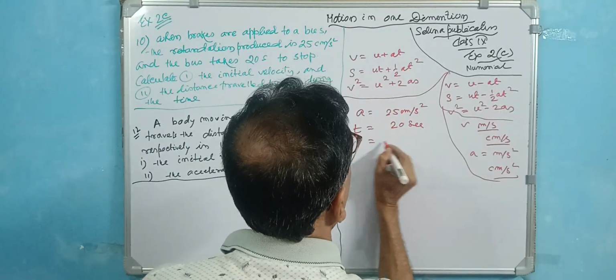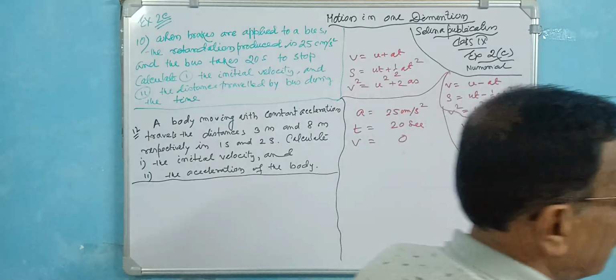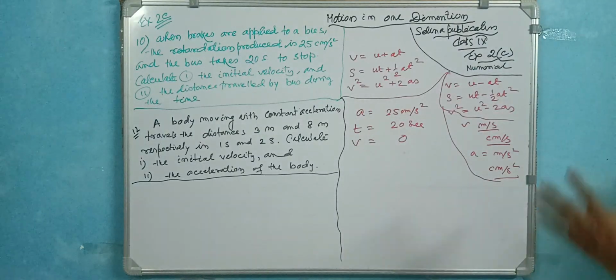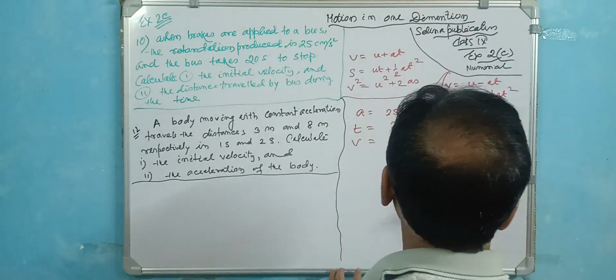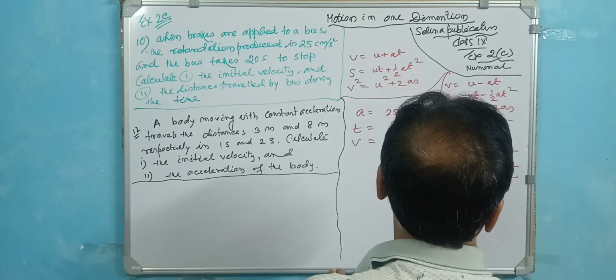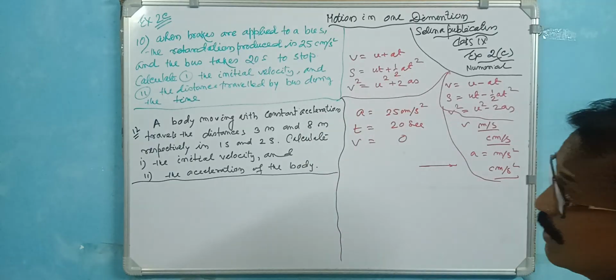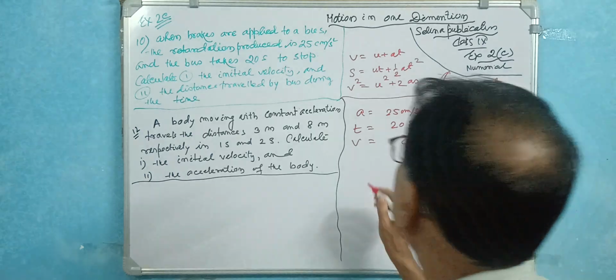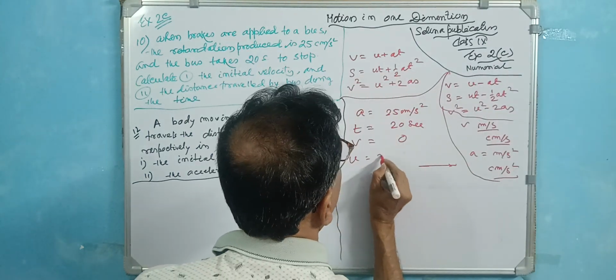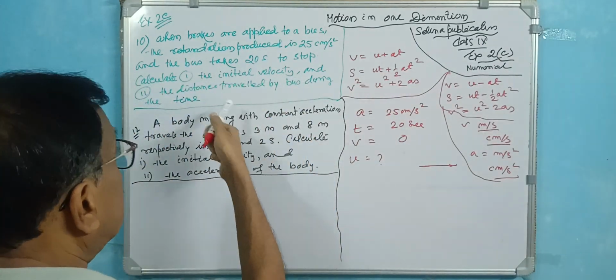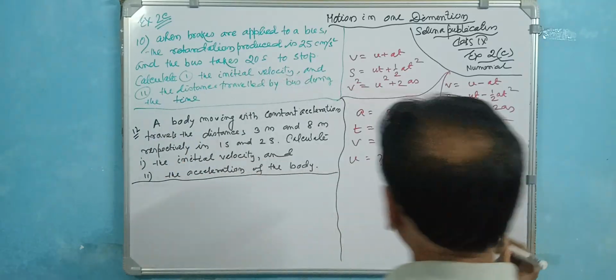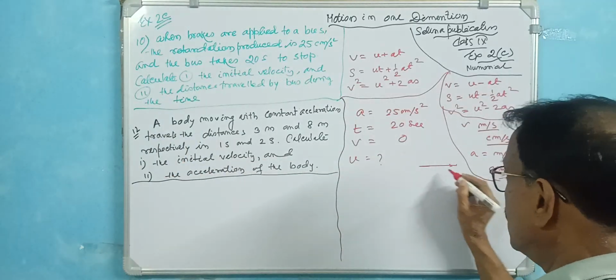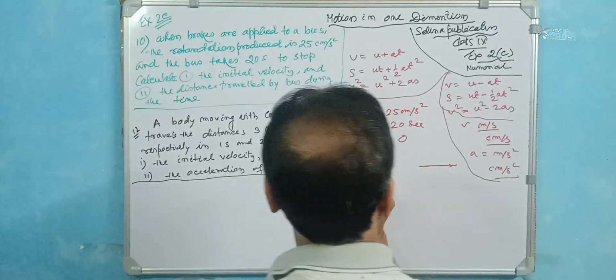Stop means the final velocity is 0. The bus is moving, and if you apply the brake, the bus is stopped. Calculate the initial velocity, that means you calculate U, and the distance traveled by the bus during the time, that means the total distance, that is S.